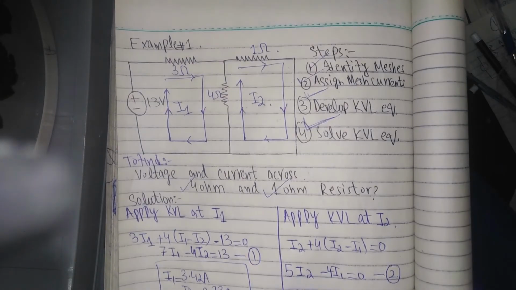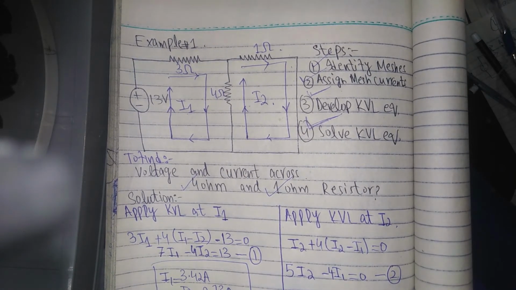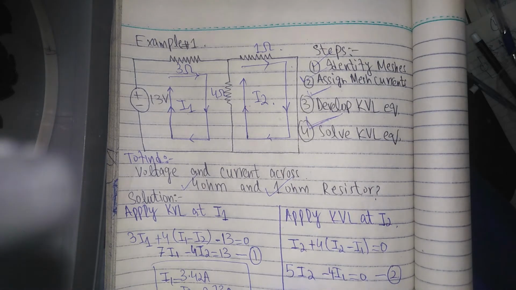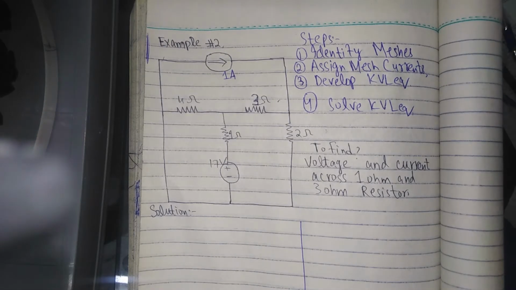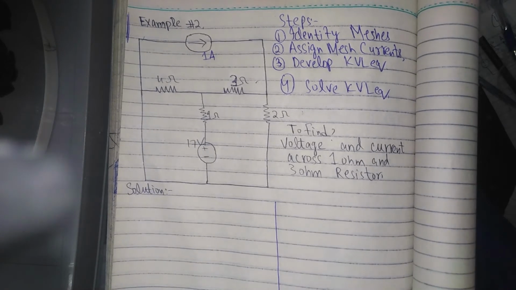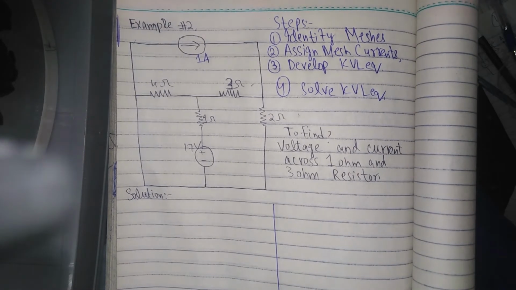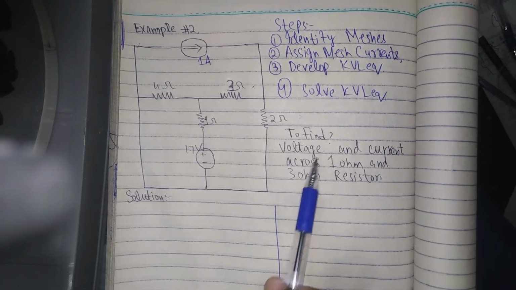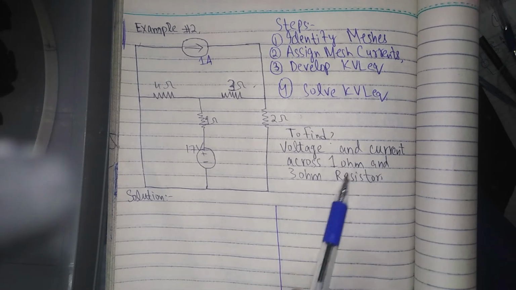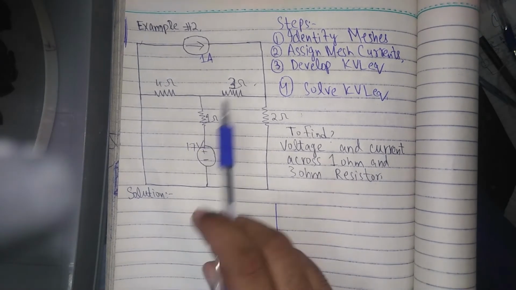Now students, next we will discuss example number 2, which is a little bit tricky. We need to try to solve that problem. Now students, this is our example number 2. We need to find voltage and current across the 1 ohm and 3 ohm resistors.